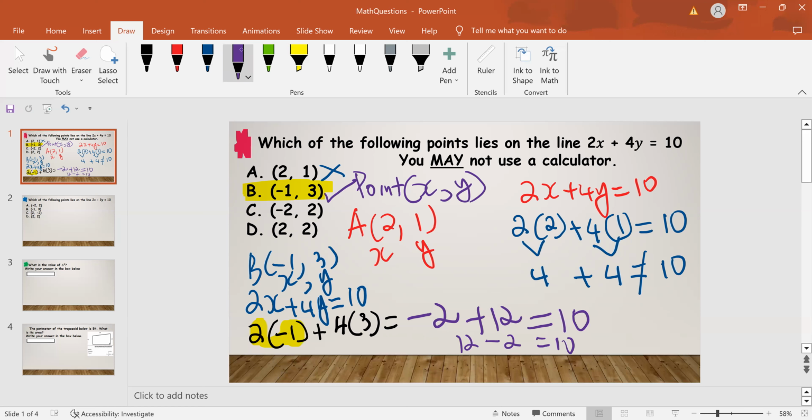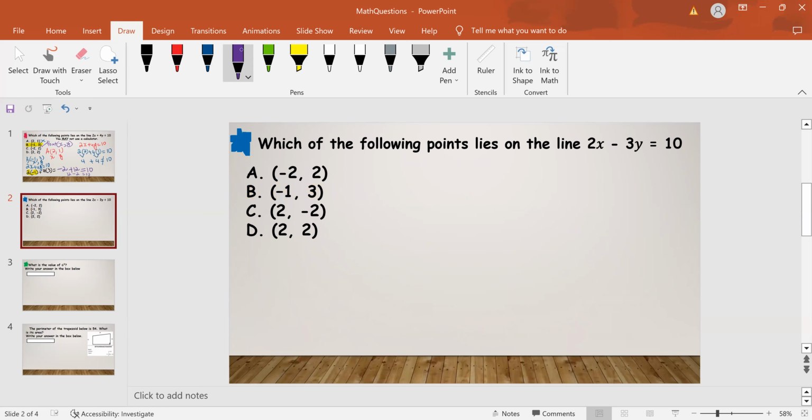Now, you could have a similar question like this. In this case, we have 2x - 3y = 10, and again we want to check which point lies on the line. For that, we take the points one by one. If we take A, the x value is -2 and the y value is 2.